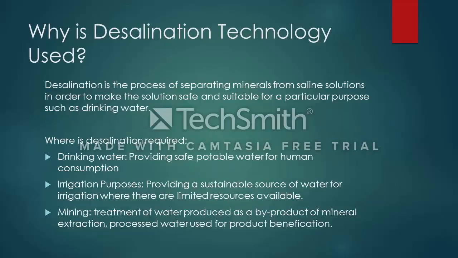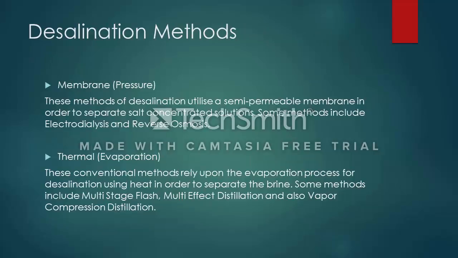Some examples are for drinking water, for irrigation water, and for the treatment of water extracted from coal seams in the coal seam gas industry. Overall, the two major uses for desalination technology are for source of fresh water and as a tool to manage water salinity levels. The desalination process is a simple concept which separates the salt minerals from the saline solution.